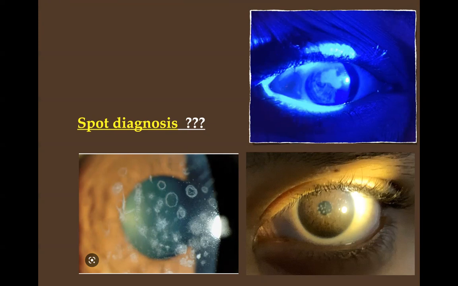What about the photo on the right? What about the down photo on the left side? No, sorry, it's an incorrect answer. You said epithelial erosion. It's not, but actually it is fingerprint epithelial dystrophy, which is one of the genetic dystrophies of the cornea.